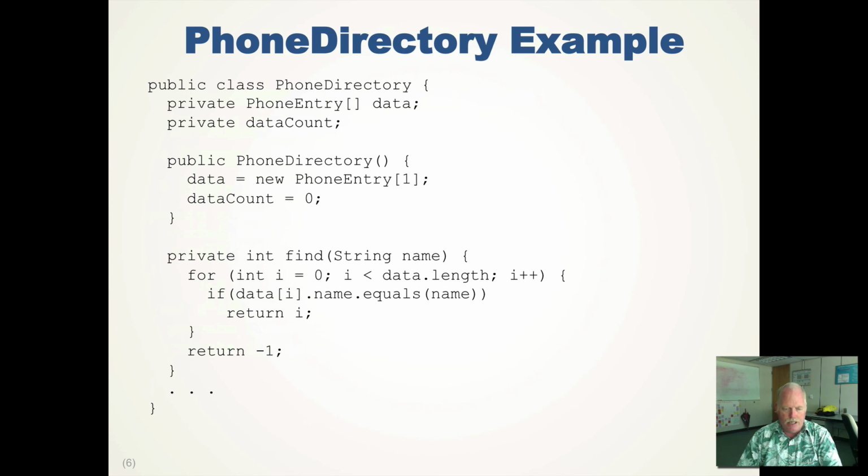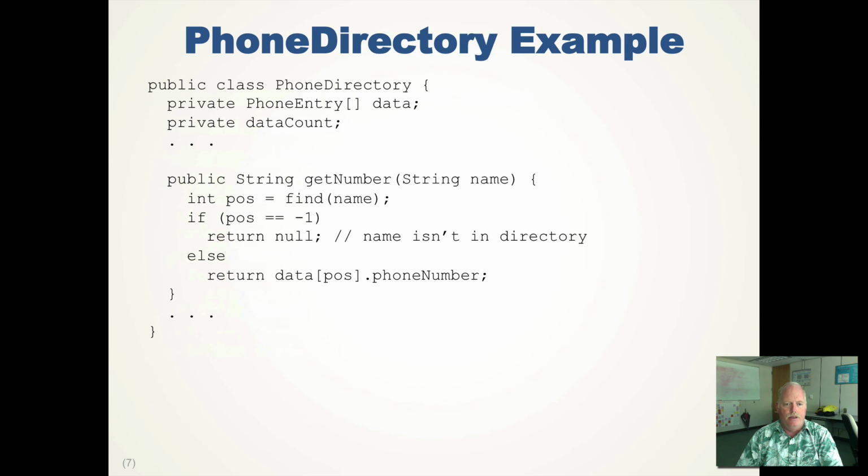So that's our linear search that allows us to search all the entries for the phone entry with the given name. Now we can have another method that returns the person's phone number given their name. We use find to find the index of the phone entry. If the position is equal to -1, that means it wasn't in the directory, so we return null. Else we return the entry at that position's phone number.